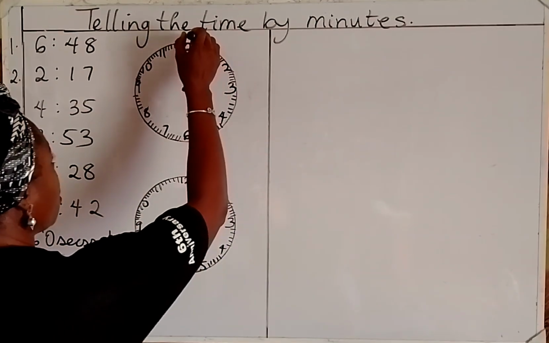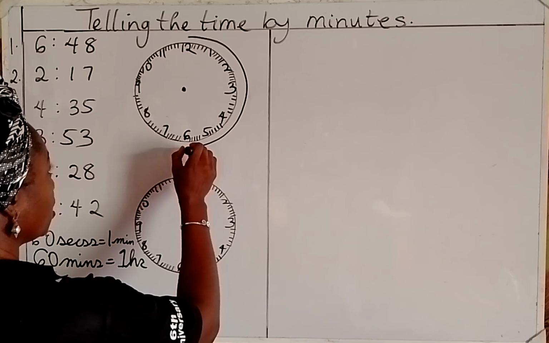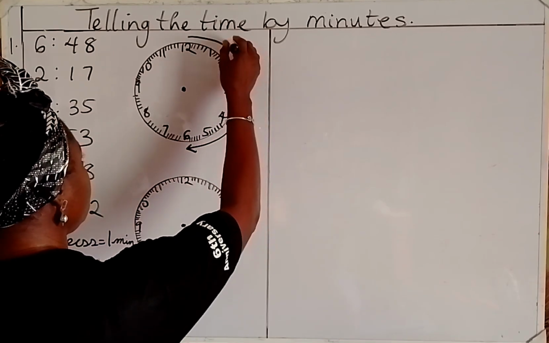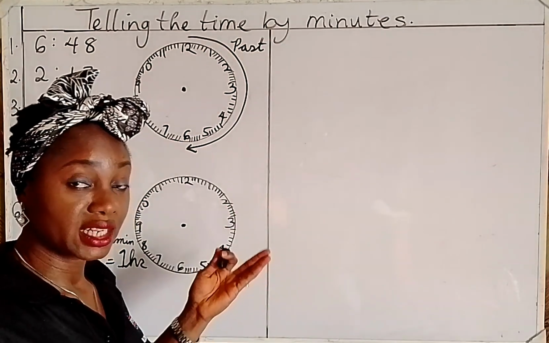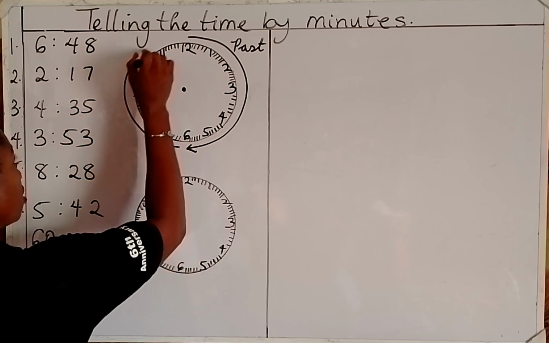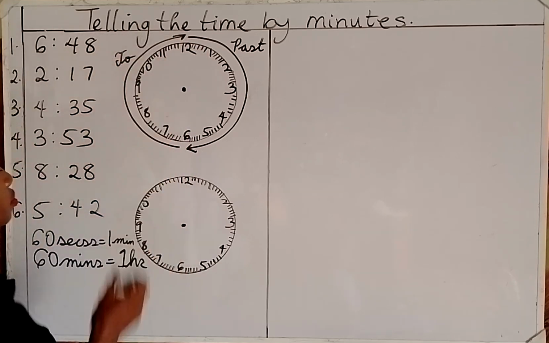And any number from 12 to 6 is what? Past. It's classified as past. And a number from 6 down to 12 is to.